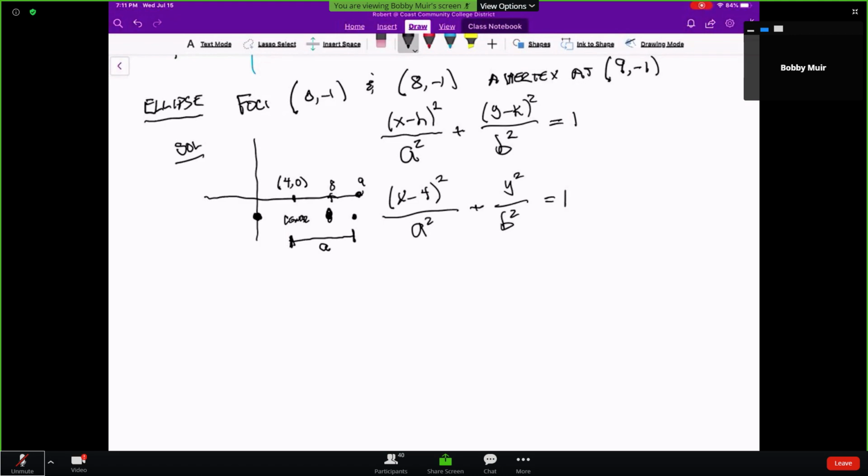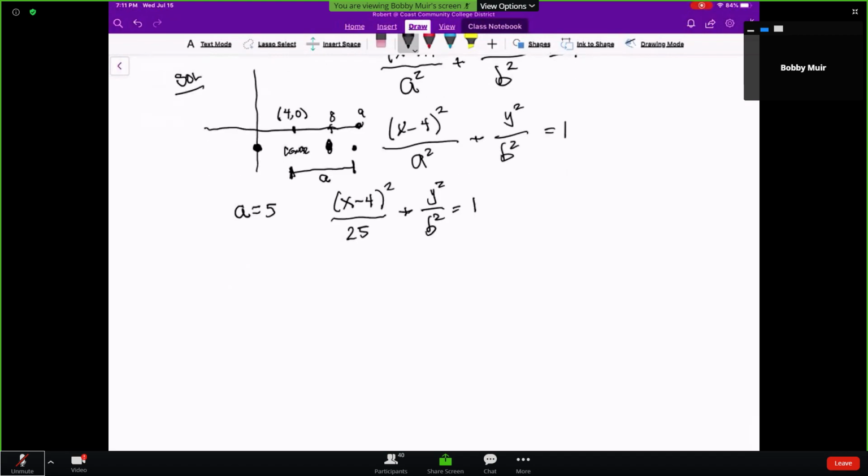And so that means that a is 5. Now I've got x minus 4 squared over 25 plus y squared over b squared equals 1.